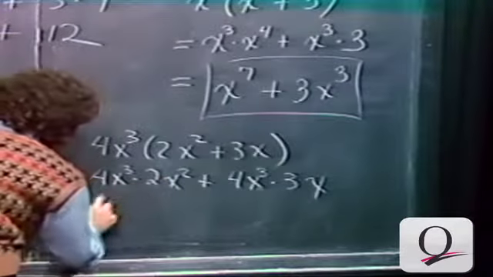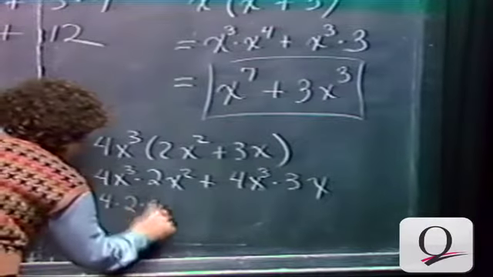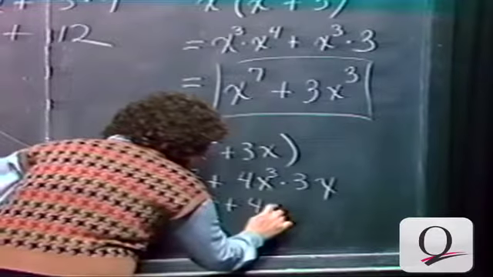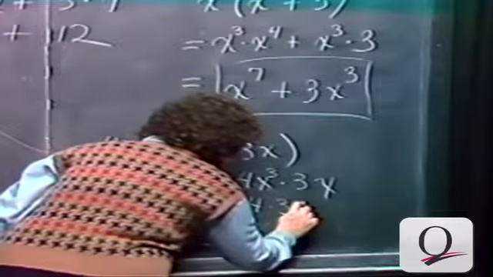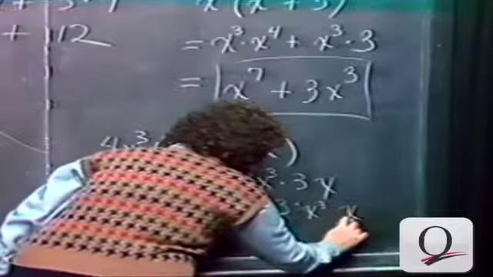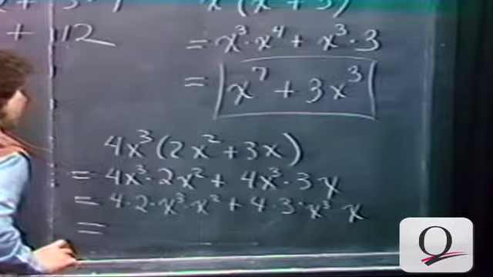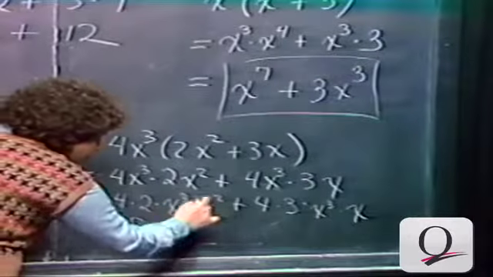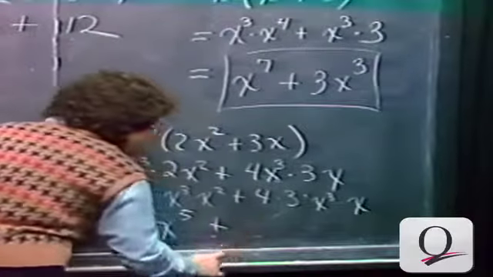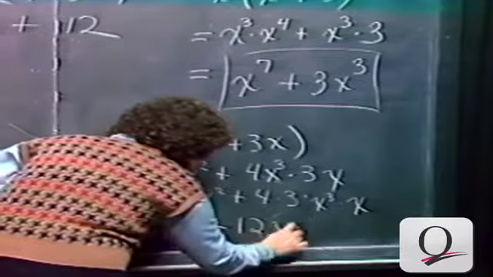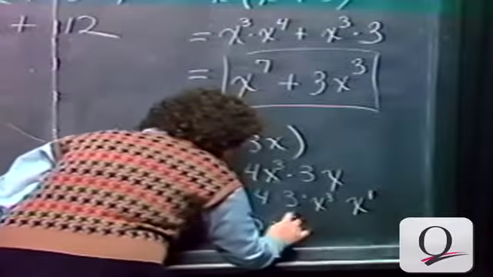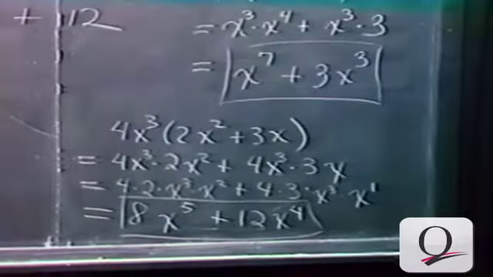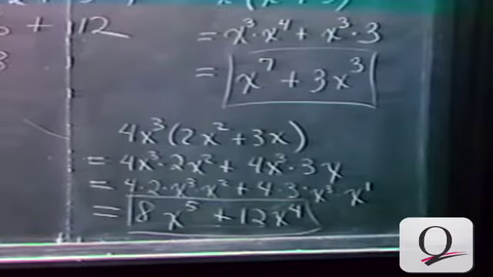This can be written as 4 times 2 times x cubed times x squared plus 4 times 3 times x cubed times x, for a final answer of 4 times 2, 8, x to the 3 plus 2, fifth power, plus 4 times 3, 12, x to the 3 plus 1, fourth power. So we have 8x to the fifth plus 12x to the fourth.